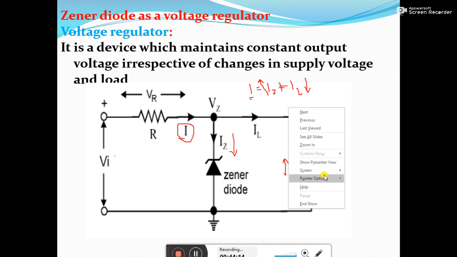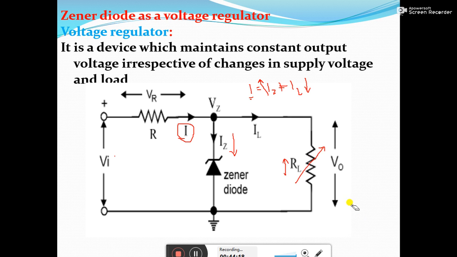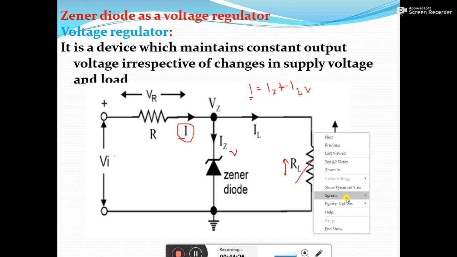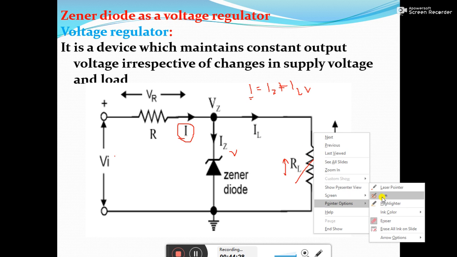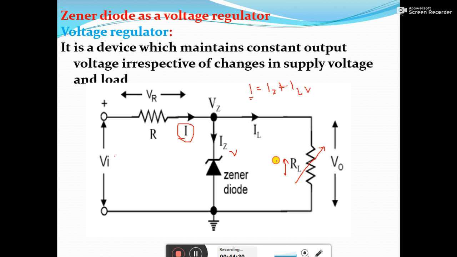Now the second case in load regulation. If RL is decreased, obviously IL should increase.